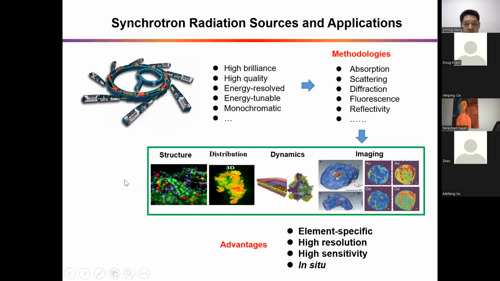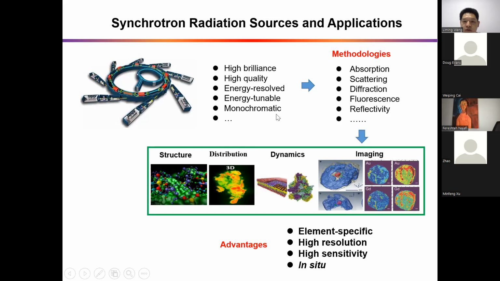So this is how to get high quality X-rays. Synchrotron radiation is a facility that can provide very brilliant and high quality X-rays. The X-rays are energy resolved, energy tunable, and monochromatic.